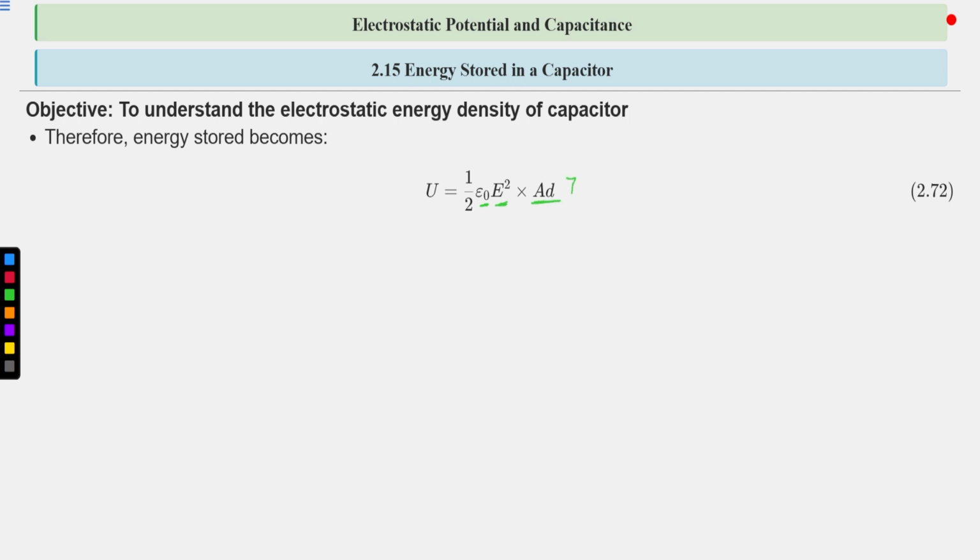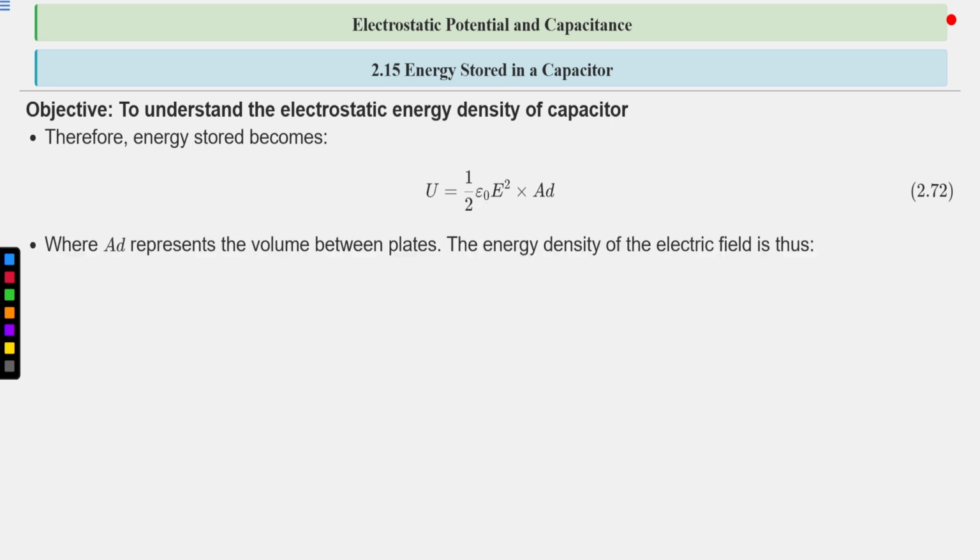What is AD? It is area into separation, which is the volume between the plates of the capacitor. The energy density of the electric field is energy upon volume.